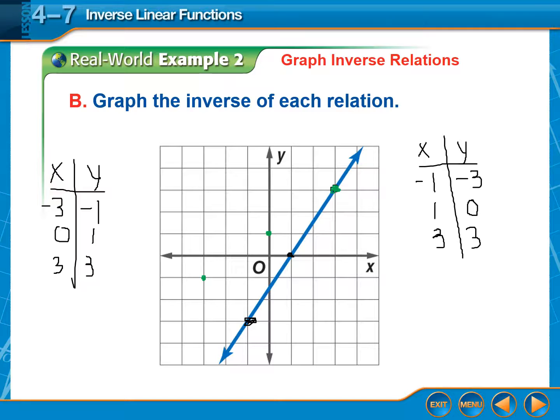So 3, 3 is going to be included in both of our lines. So if I connect these, let's see how this one comes out. Pretty good. Okay. So 3, 3 is included in both lines, even after we made the inverse.